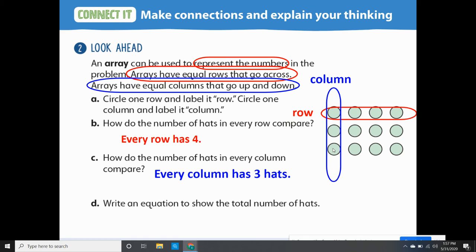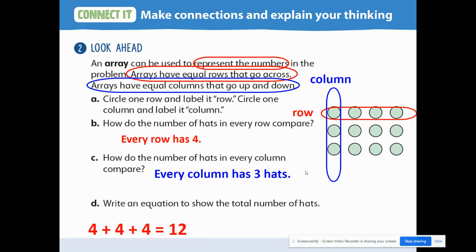Okay, did you write an equation using a row? 4 plus 4 plus 4 equals 12. Or did you use an equation using columns? 3 plus 3 plus 3 plus 3 equals 12. And guess what? You came to the same answer.